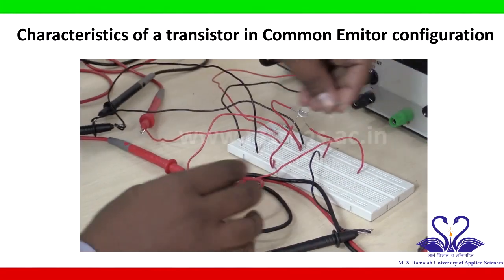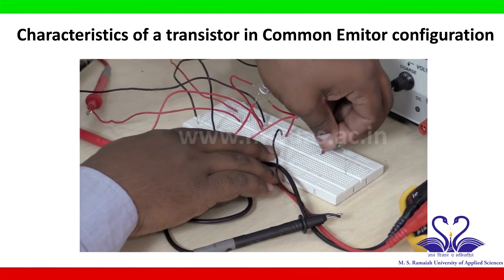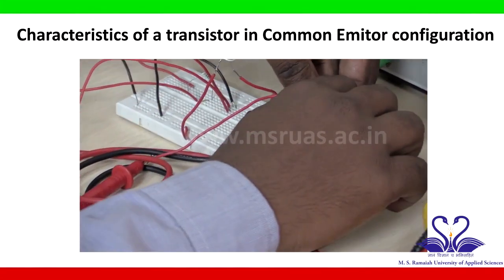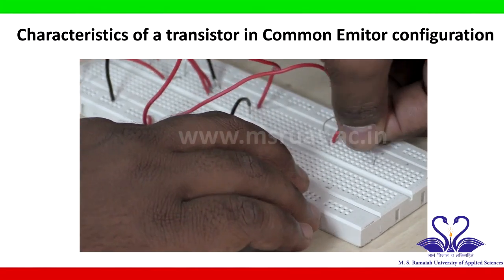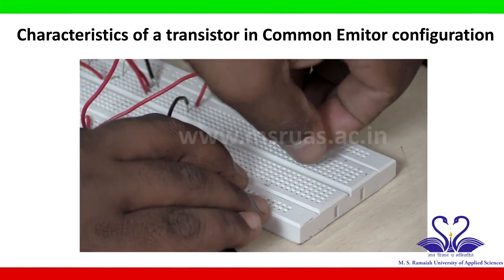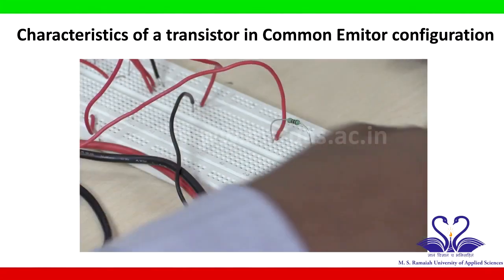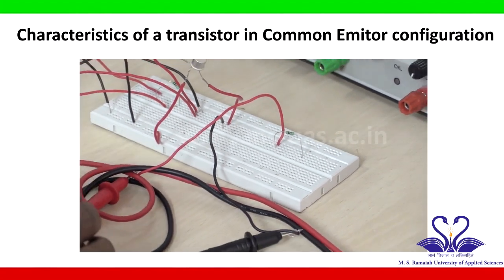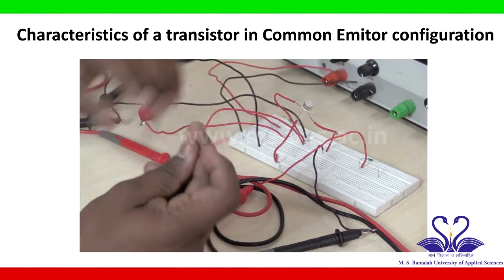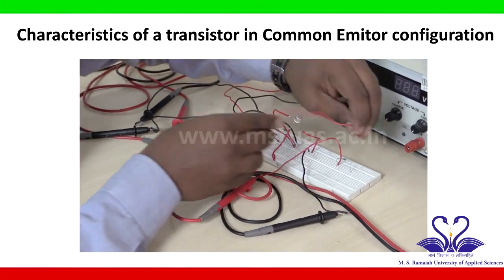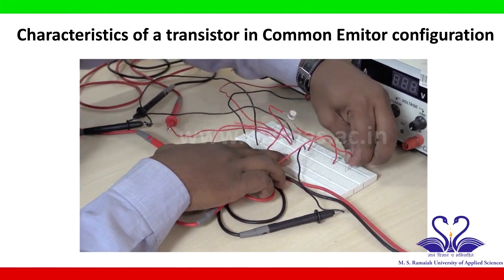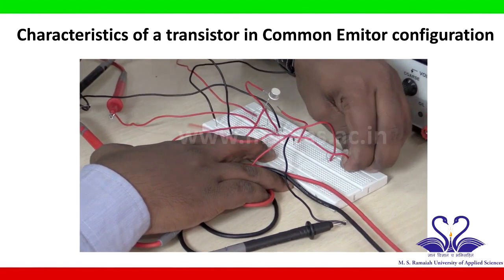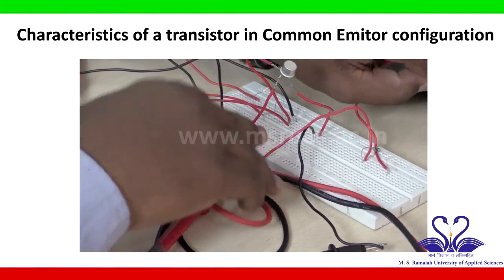Take a 1K resistor, one end you connect to this point, and another end of the resistor is connected to the positive of the power supply, which is the output side power supply. Take a connecting wire, connect to this resistor one end, which is connected to the positive of the power supply.